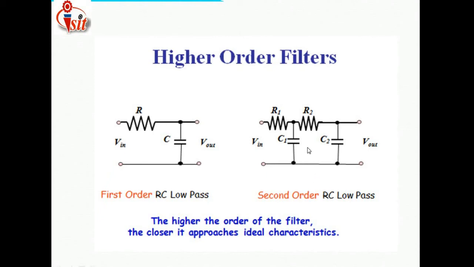In the second diagram, we are connecting two RC components, that is resistor R1 capacitor C1 and R2 C2, so this is a second order RC low pass filter. The higher the order of the filter, the closer it approaches ideal characteristics.